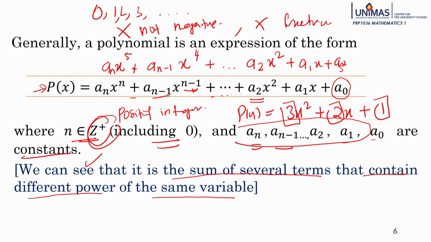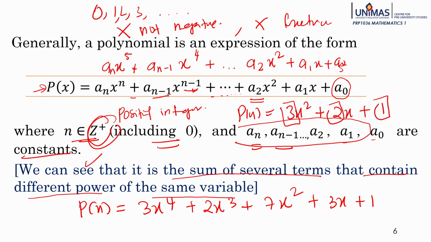For example, p(x) equal to 3x to the power of 4 plus 2x cubed plus 7x squared plus 3x plus 1.